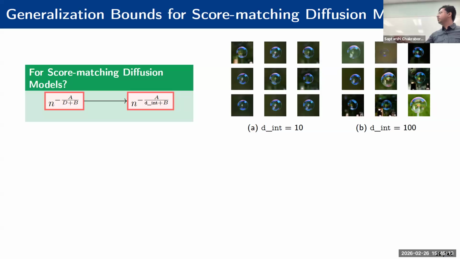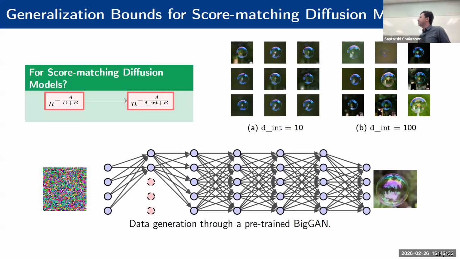So what we did was we generated two sets of image data distributions. One had an intrinsic dimension of 10, the other an intrinsic dimension of 100. Both of them have the same extrinsic data dimension, 128 by 128, but the intrinsic dimensions are different. And how we do this is as follows.